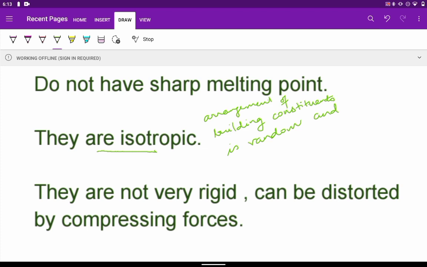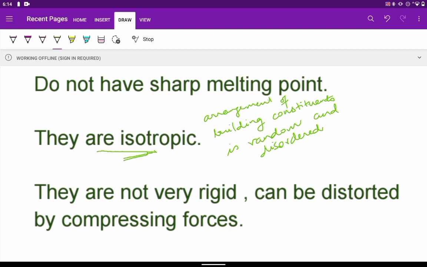There is no order. Because of this, all the directions are equal. So the properties are the same in all directions. So they are isotropic.